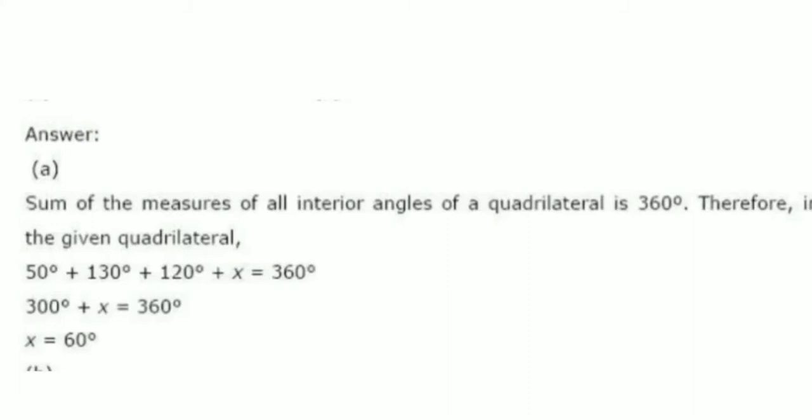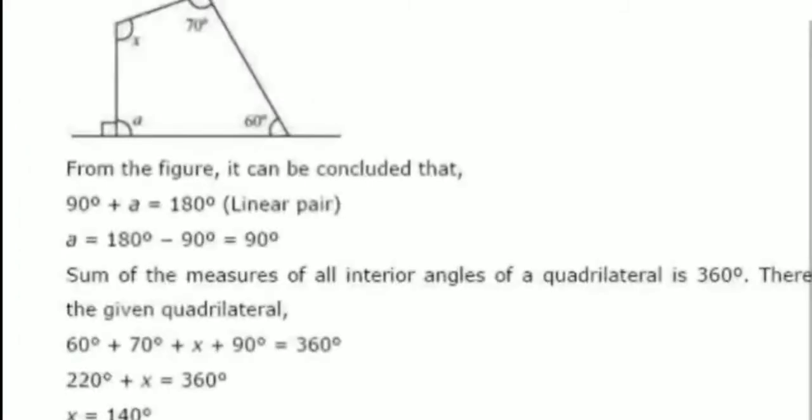Okay. Now let's see the second one. Here also 2 angles are given: one is 70 degree, second one is 60 degree, and this x we have to find, and this one is not given. So it can be concluded that 90 plus a is equal to 180. Why? Because it's a linear pair.